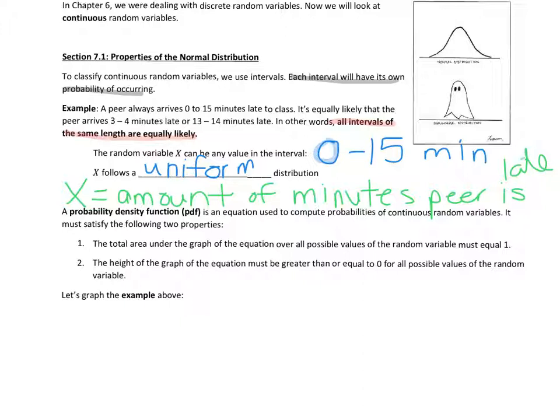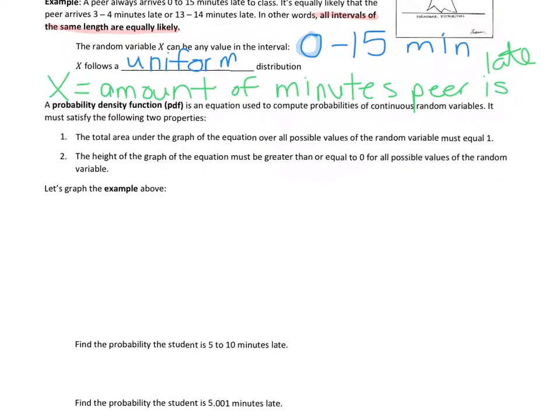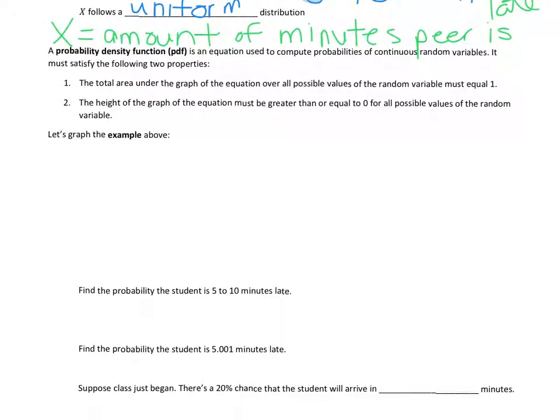All right, so let's consider the following. We're going to be looking at probability density functions, or PDFs, and it's an equation used to compute probabilities of continuous random variables. And it has two properties. The total area under the graph of all possible values must be equal to 1.